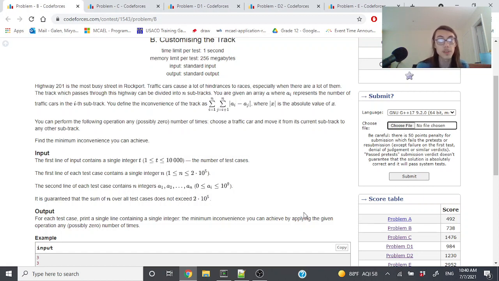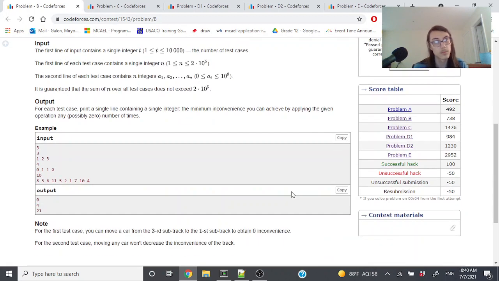You can choose a traffic car and move it from its current track to any other track.